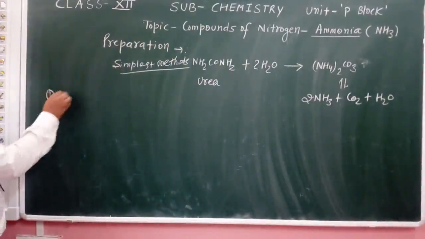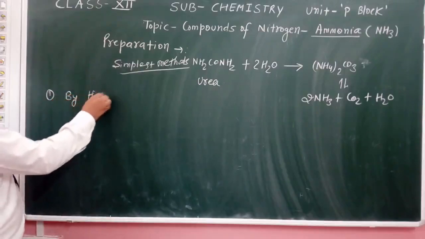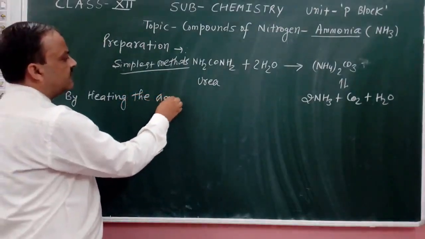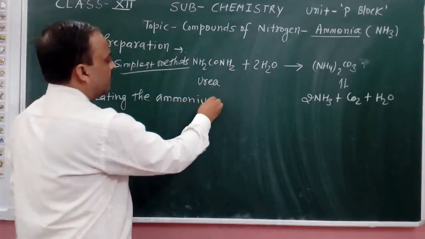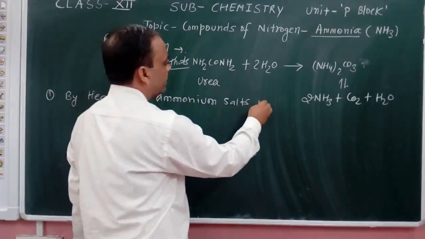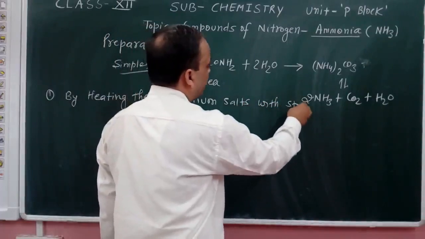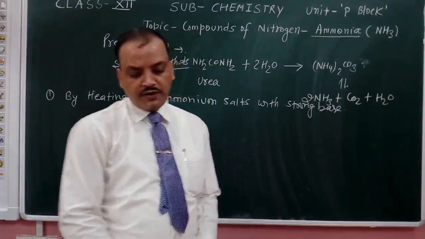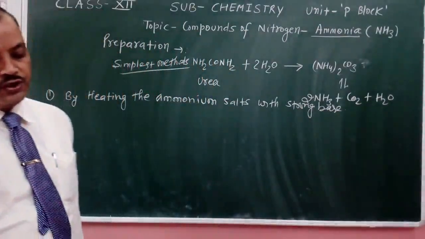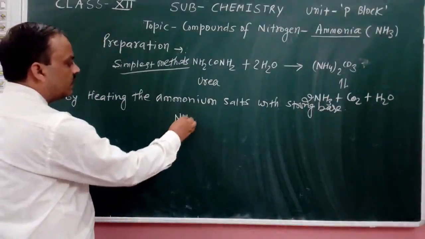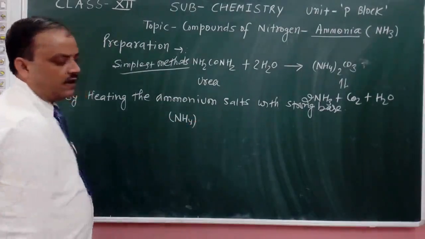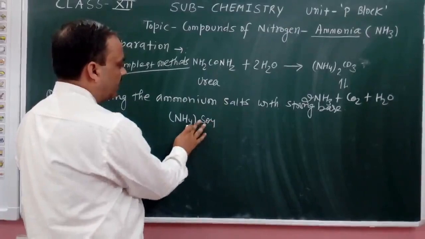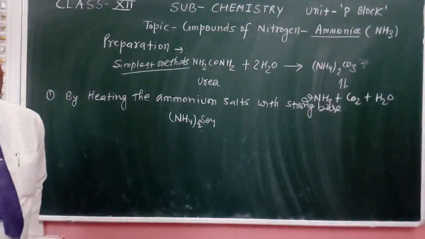For example, we have the ammonium salt ammonium sulfate, that is (NH4)2SO4.